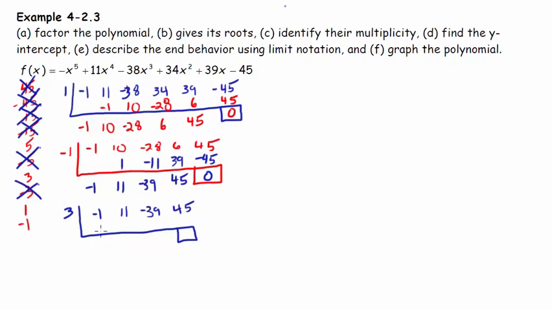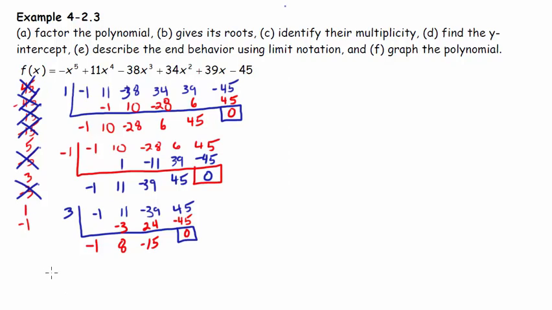Alright, and bring down my negative 1. 3 times negative 1 gives me negative 3. I'm going to add here and get 8. 3 times 8 gives me 24. I'm going to add here and get negative 15. 3 times negative 15 gives me negative 45. I add and get 0. All right, now we're getting close here.